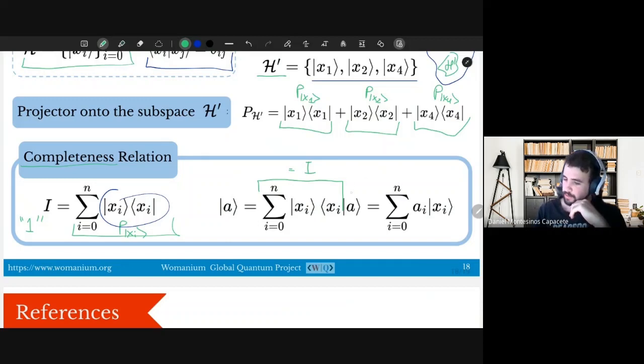But now we can see that this coefficient depends on the basis you are using. If you change the basis vector x, the coefficient won't be the same, because the only thing that stays the same is the vector, the abstract element of your Hilbert space. But depending on the basis you use, the coefficient will change.